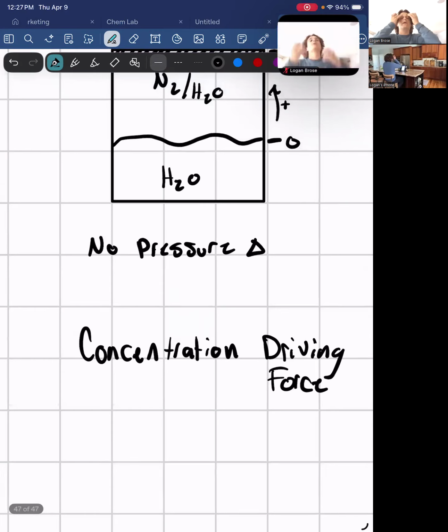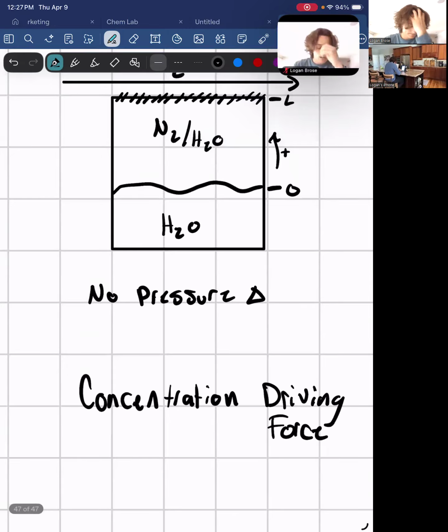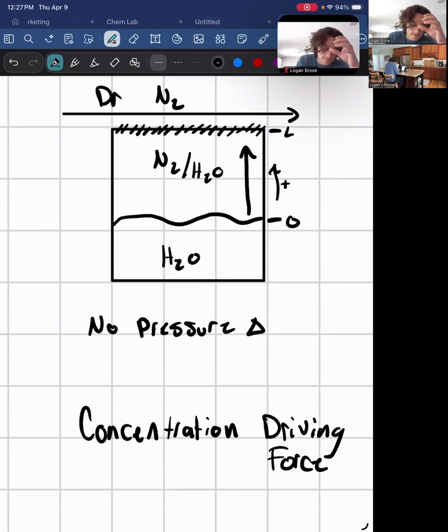So let's look at our concentration. We're diffusing upwards, correct? So we know that the concentration of water is going to decrease, because we have pure dry nitrogen up top. This is dry, so that means there's no water up there.